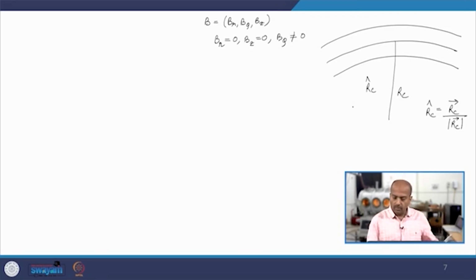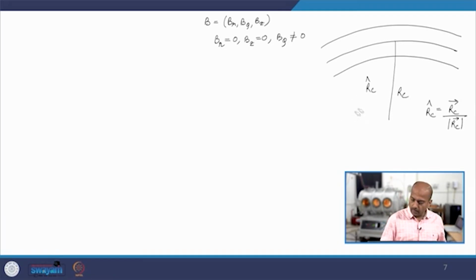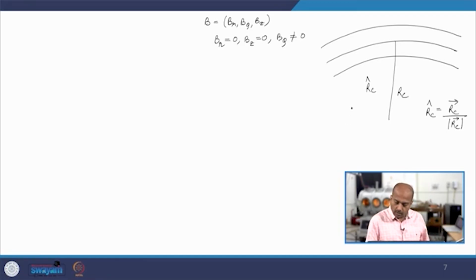Right. So, if you look at this, the coordinate system is, you have this as the phi cap direction. Let us say we take a point. This is along the curvature, let us say this is along phi cap and this is r cap.